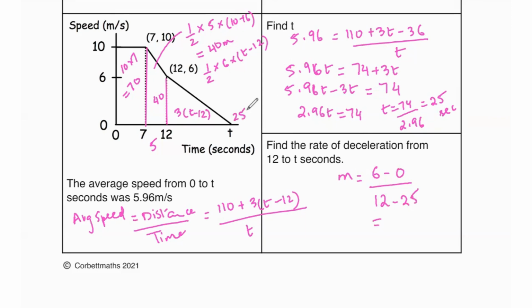So 12 minus 25 is going to be 6 over negative 13, which basically equals negative 0.46 meters per second squared. That is your deceleration from 12 to t seconds.